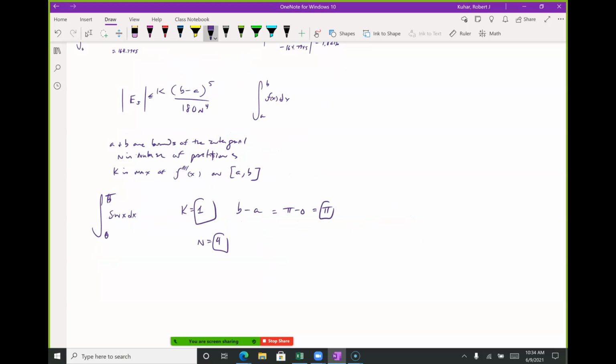So let's look at what our error is. It's 1 times pi to the 5th over 180 times 4 to the 4th, right? N is 4 partitions. And so what do I get for this? Pi raised to the 5th divided by 180 divided by 4 to the 4th.